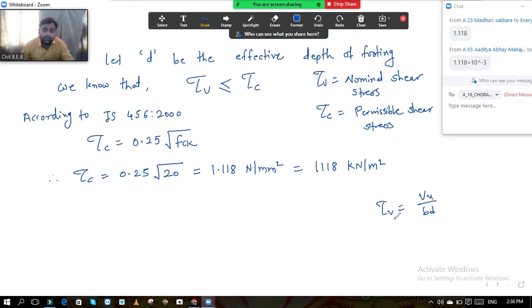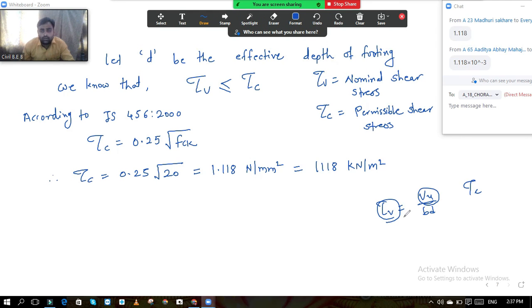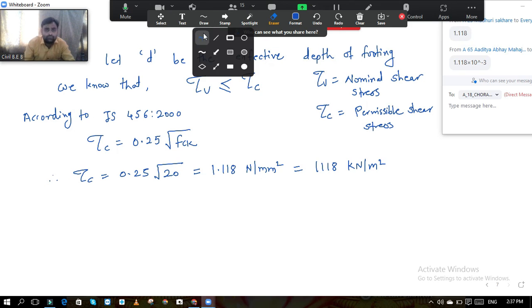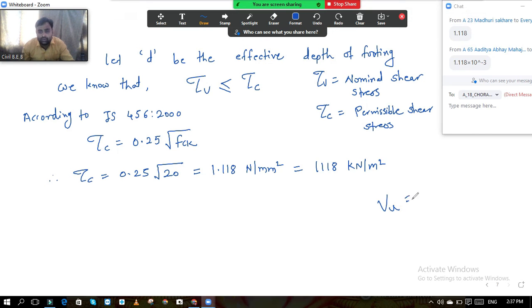Then after getting the value of tau v, we compare it with tau c, the permissible stress. Now here we are going to calculate this Vu, that is your shear force, and then Vuc, the shear resisted by concrete. That means all the shear force acting on that footing, who will resist all of it? Only concrete will resist it.